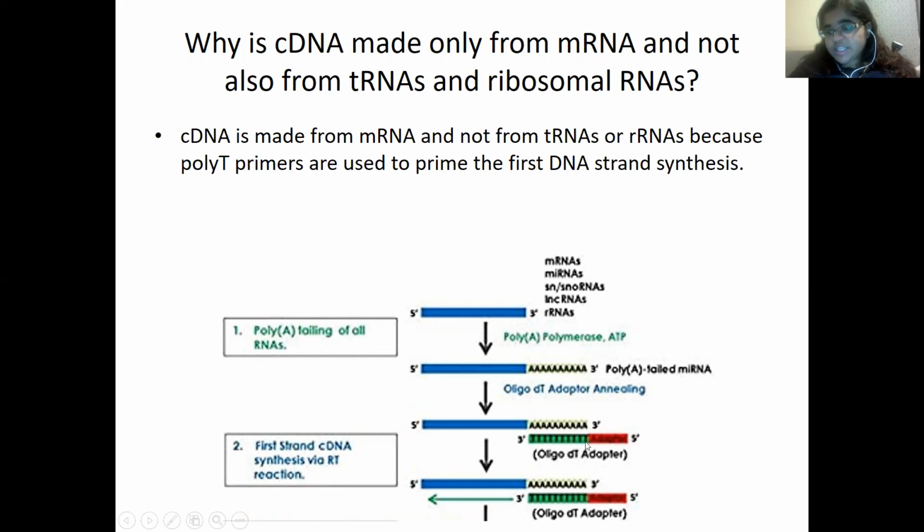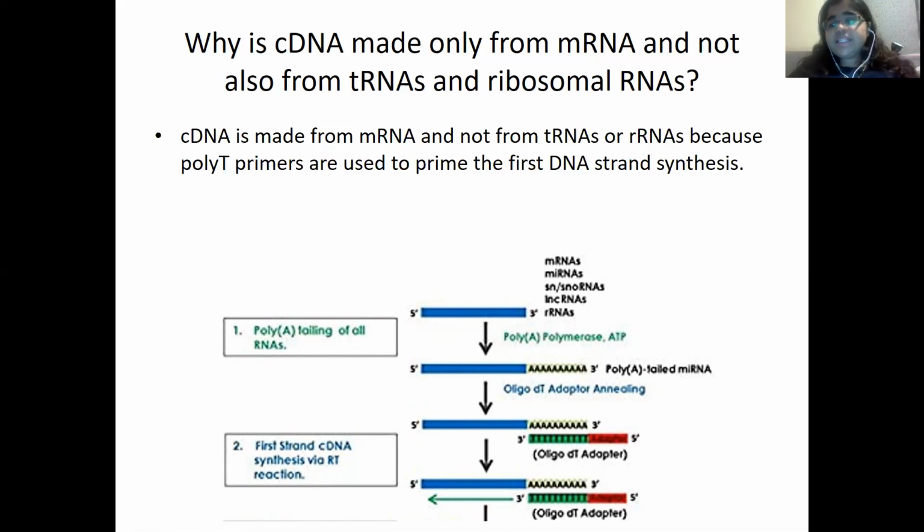So it's essentially a chain of T's, right? That is the primer that they use to start off reverse transcription, which is essentially the process that we're going to be talking about here. So to reverse transcribe this, it always starts off with a poly T primer to start off the DNA strand synthesis.